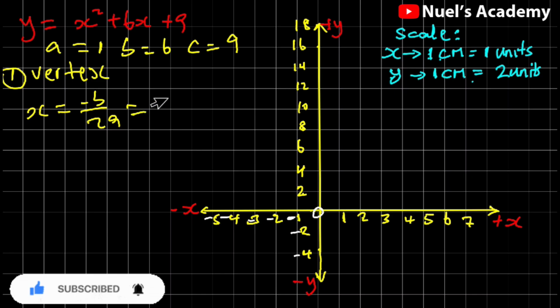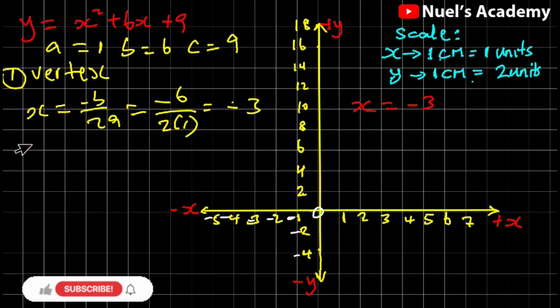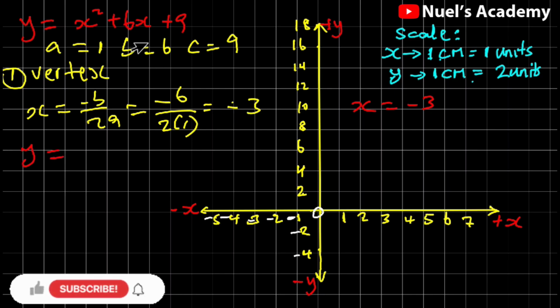Now to plug in all these values here, we have that the answer is -b, which is 6, over 2 times a, where a is 1, so -6/2 is equal to -3. So we have that the x-coordinate of the vertex is equal to -3. Then to find the y-coordinate, we plug in -3 into this equation.